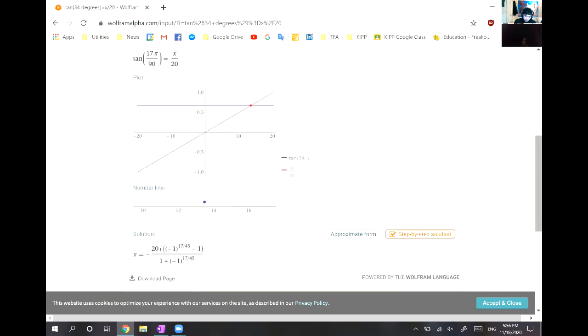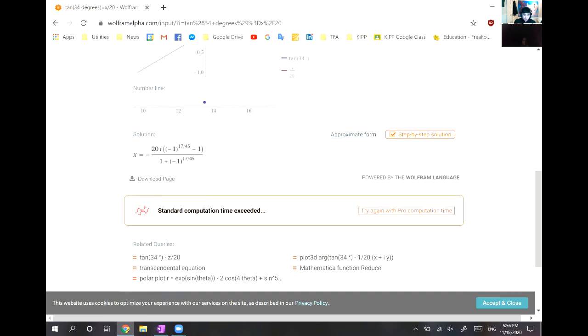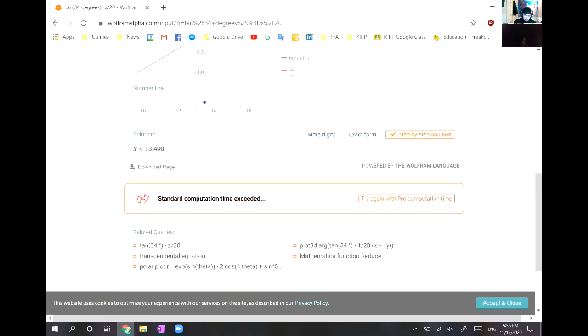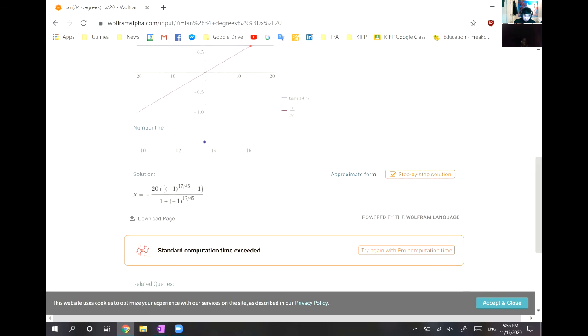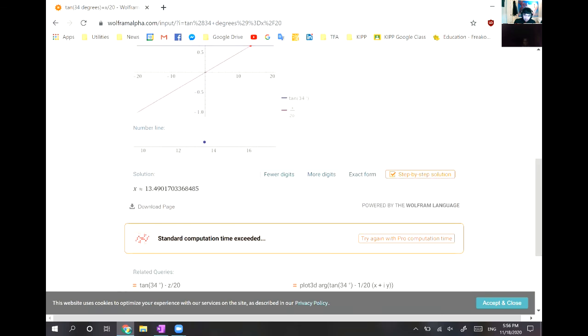And if you scroll down to the bottom, it tells you exactly what it should be, right? X equals 13.49. All I did here was, it first gave me this weird looking thing, and I just pressed the button approximate form, and it gives me the decimal answer we're looking for, 13.49. Great.